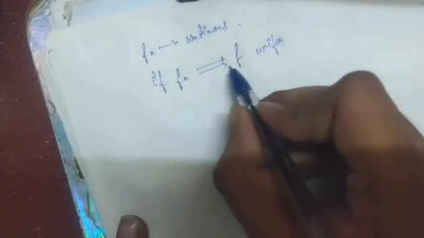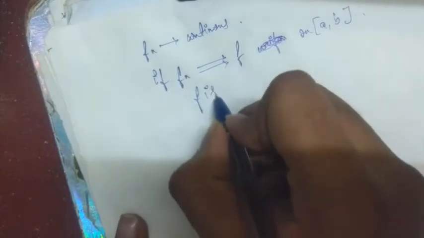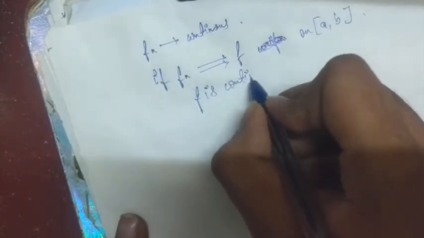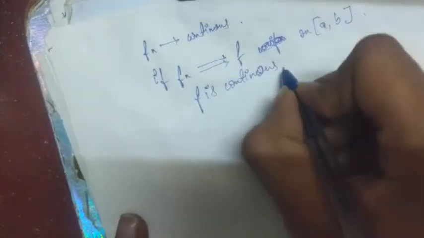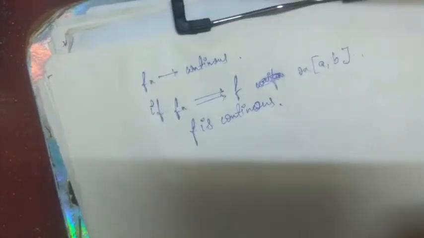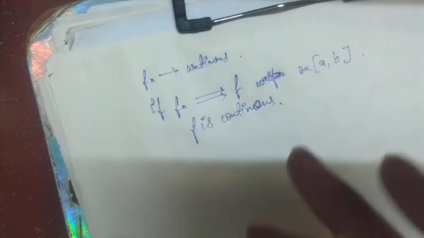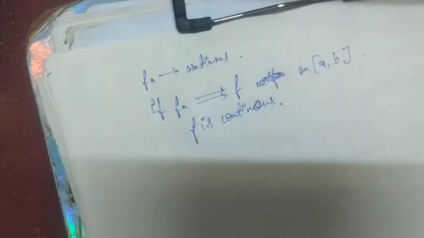It means that it is uniformly convergent on closed interval a comma b, then f is continuous. So we are proving this now. Then we are solving related problems to it. So let's see how the theorem works.